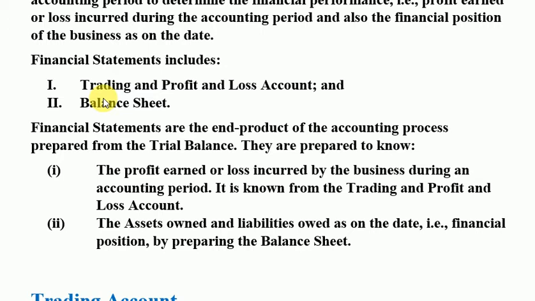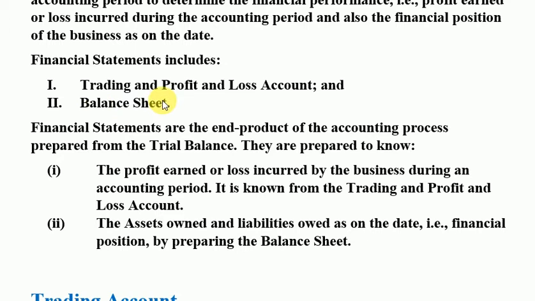These two statements we prepare to know the exact financial position of the business, or to know the conditions of profit and losses of an organization. With the help of the trading profit and loss account, we can find out the amount of net profit or net loss, and after preparing the statement of profit and loss account, we'll prepare the balance sheet to know the financial position of the business.